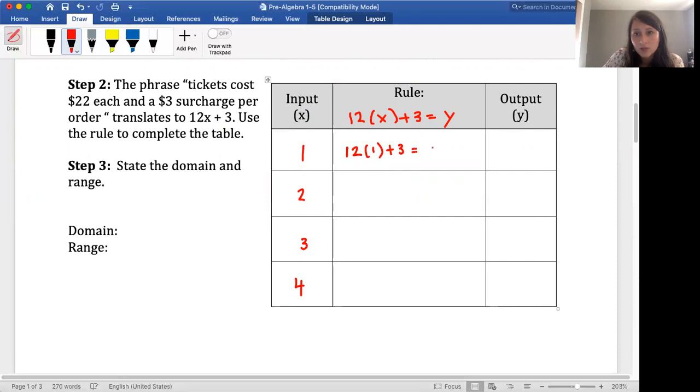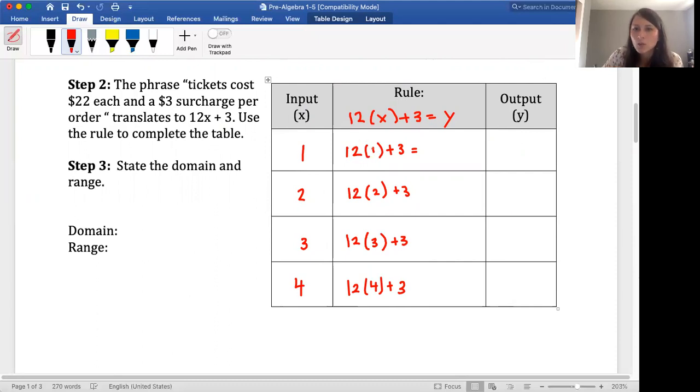That equals whatever is my output. So I'm going to just write down all my equations. 12 times 2 plus 3. 12 times 3 plus 3. And 12 times 4 plus 3. So those were all my X values that I put in here. Now I can solve it and write the answer to my problem on the right.